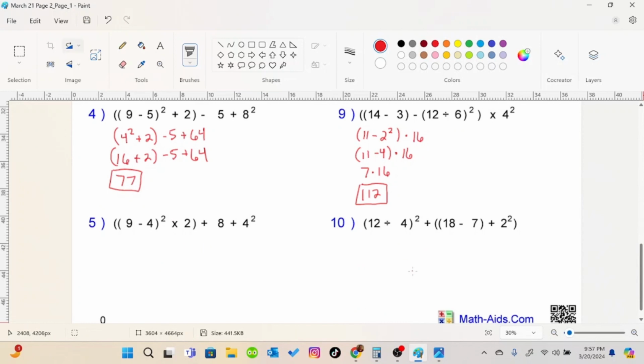Number 5. 9 minus 4 is 5. And 4 squared is 16. 5 times 5 is 25. 8 plus 16 is 24. 25 times 2 is 50. And 50 plus 24 is 74. Final answer.